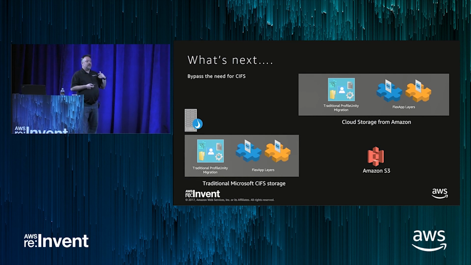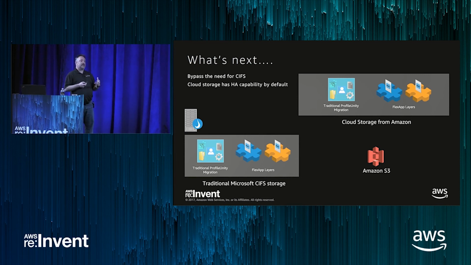So again, we heard loud and clear the idea of bypassing the need for SIFs and using cloud storage, so the HA capability is there by default. Now it's not only just logging into that VDI session, now they're getting on a plane and going to a different region from an Amazon perspective.